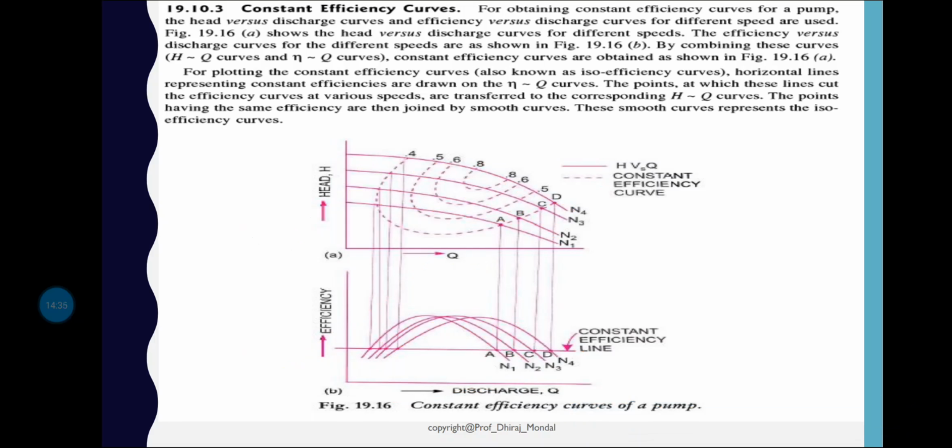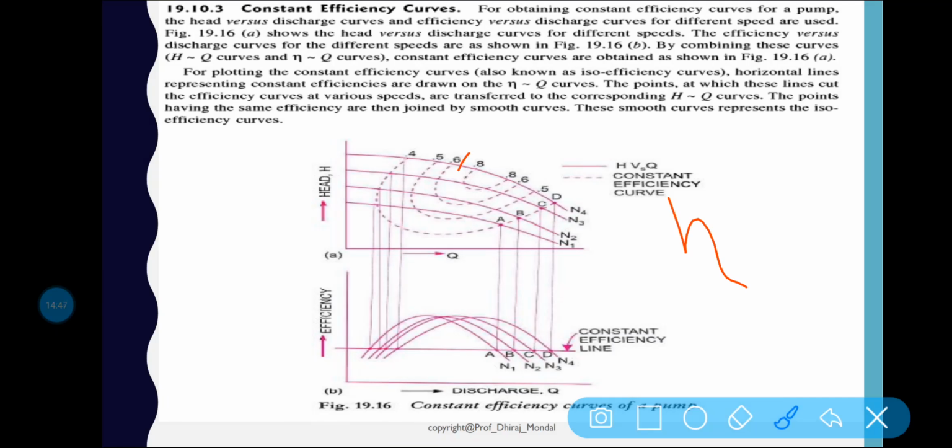You can see that the efficiency is constant. So taking efficiency as constant for different speeds, with respect to head and discharge, and with respect to efficiency and discharge, this kind of plot we will get.